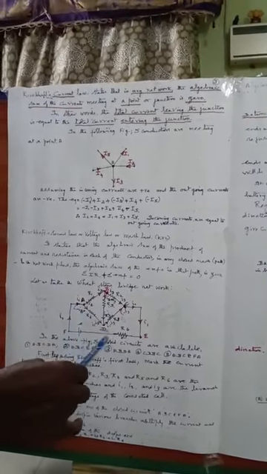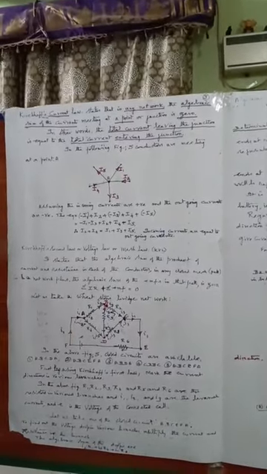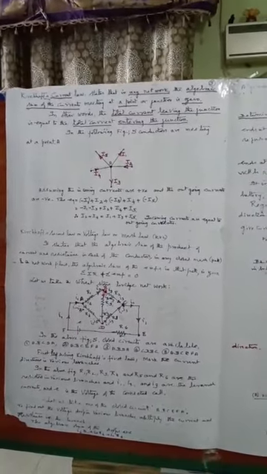The voltage applied across the circuit is equal to E. So we can form different closed circuits to find out the values.